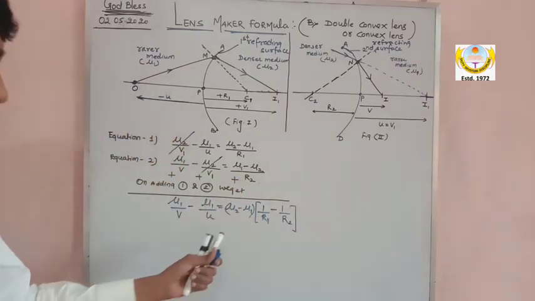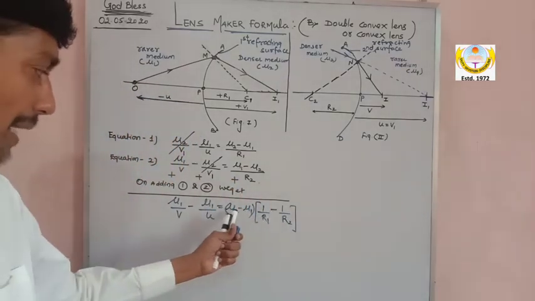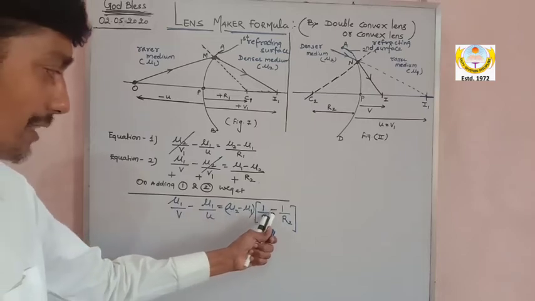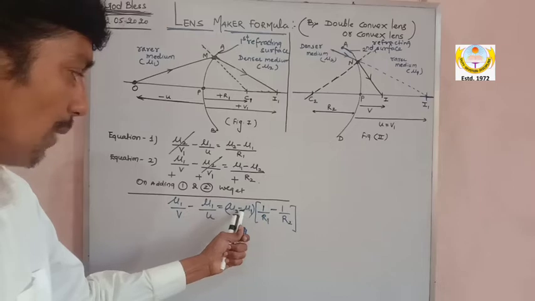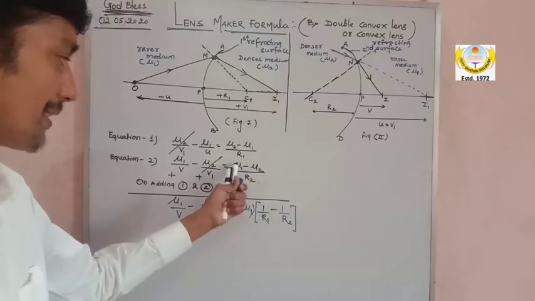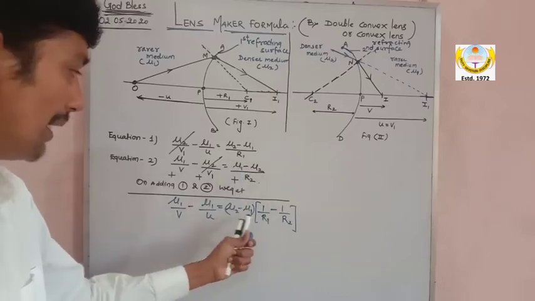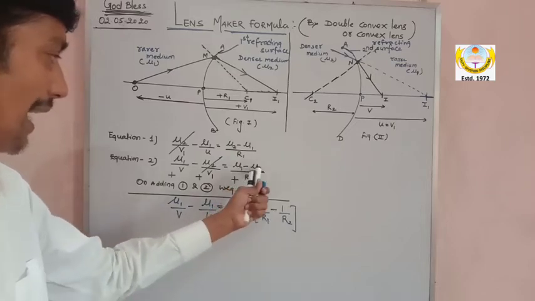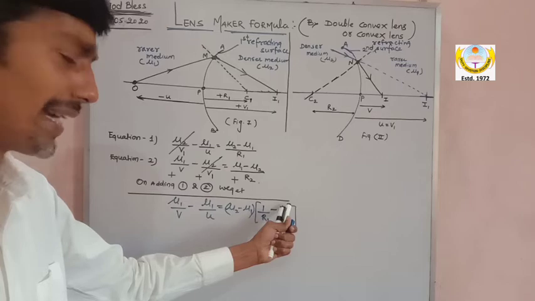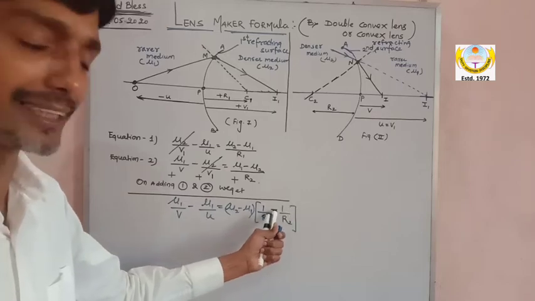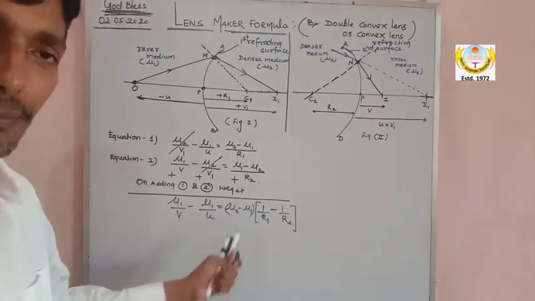I hope it is clear, because as soon as this minus multiplies here, the minus and this minus of mu1 will become mu1 as plus, and mu2 will come in minus, and that is my equation number 2. So here it will be written as 1 by R2 but with a minus sign, because I have taken mu2 minus mu1 as common.